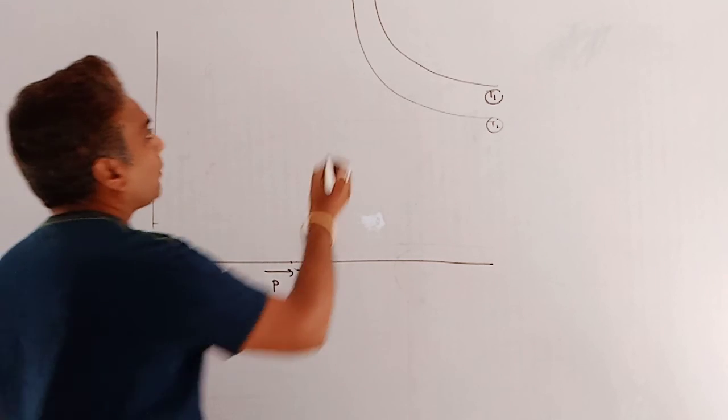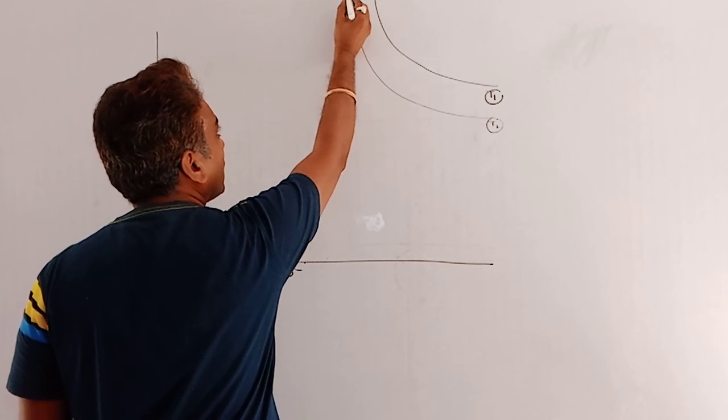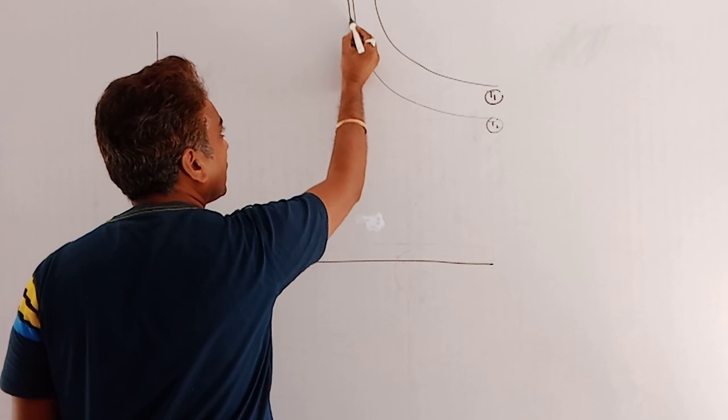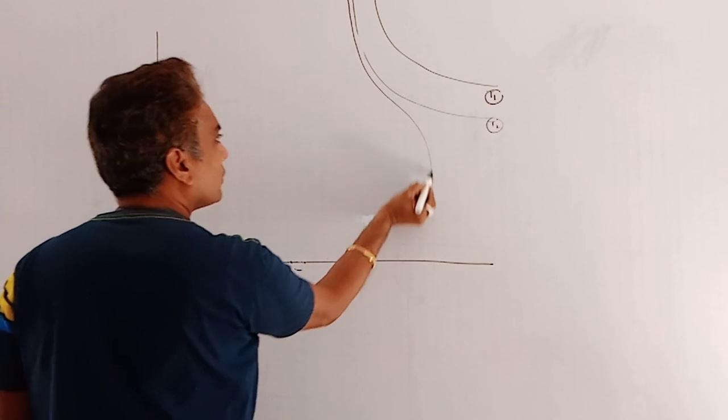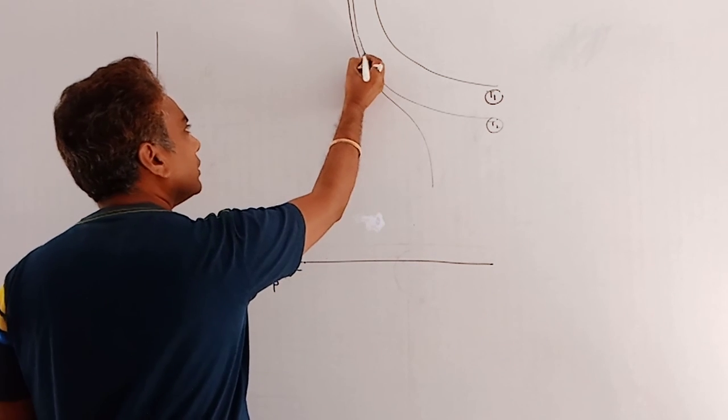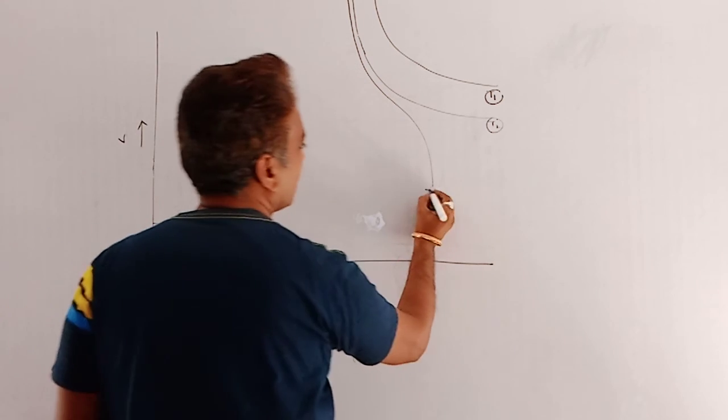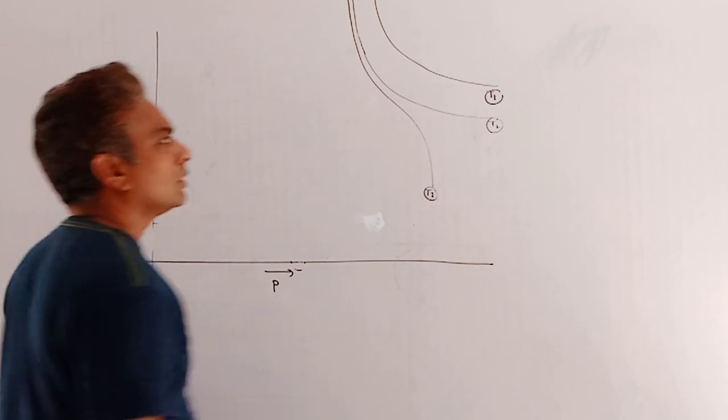Then after a minute change of temperature, suppose the graph is observed as this one. Here is T3.